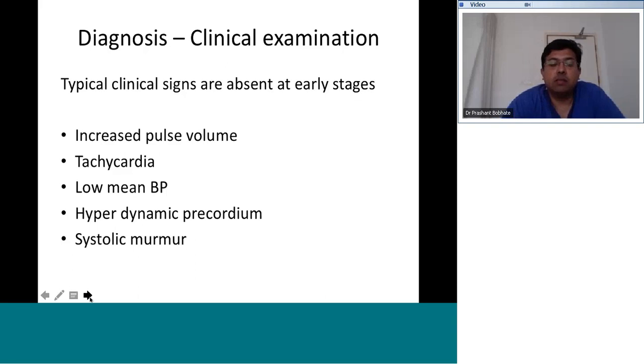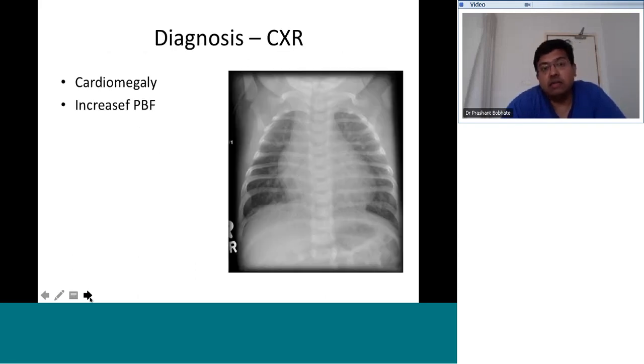Systolic murmur comes low on the list because the murmur is usually due to flow across the mitral valve and the aortic valve. X-ray might sometimes show cardiomegaly and sometimes evidence of increased pulmonary blood flow. Again, this is a little rare in a preterm baby. If you have to catch the PDA, it has to be caught early and then closed early.